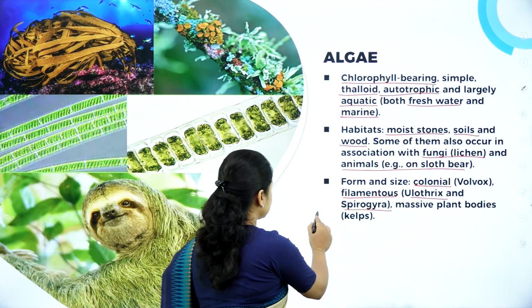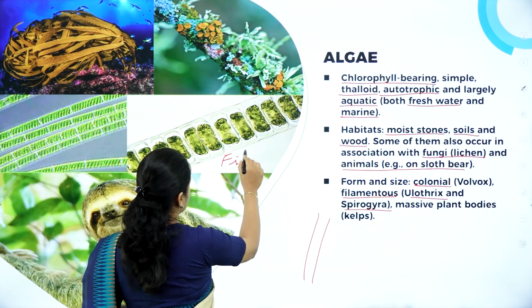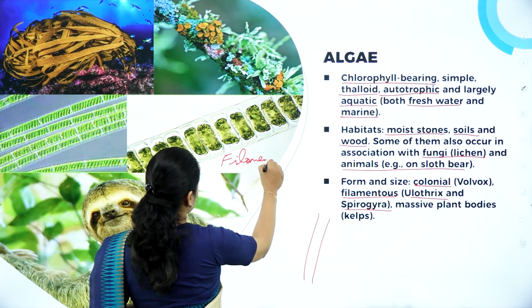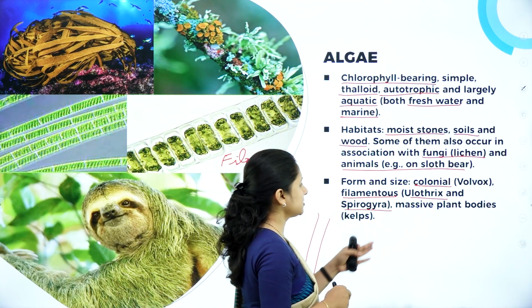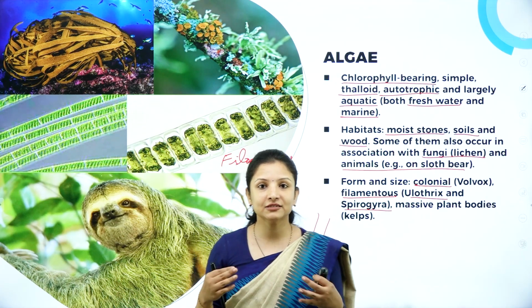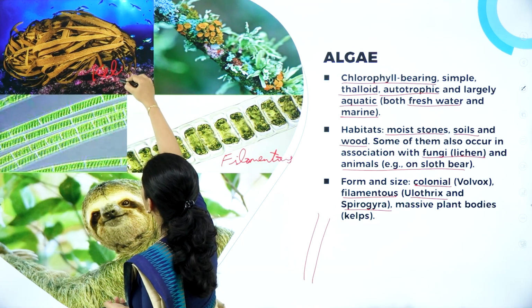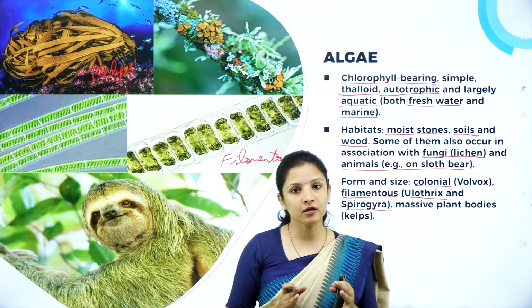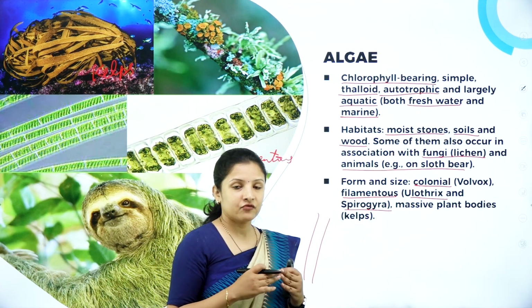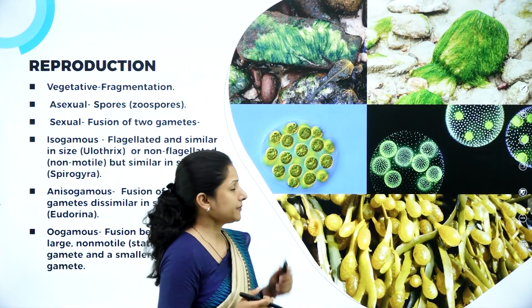So this is a filamentous algae, if you can see here. They are tube-like in structure, or they can form massive plant bodies like kelps. As you can see here, these are kelps, wherein they can form huge plant bodies. So they range in size from smaller to larger.